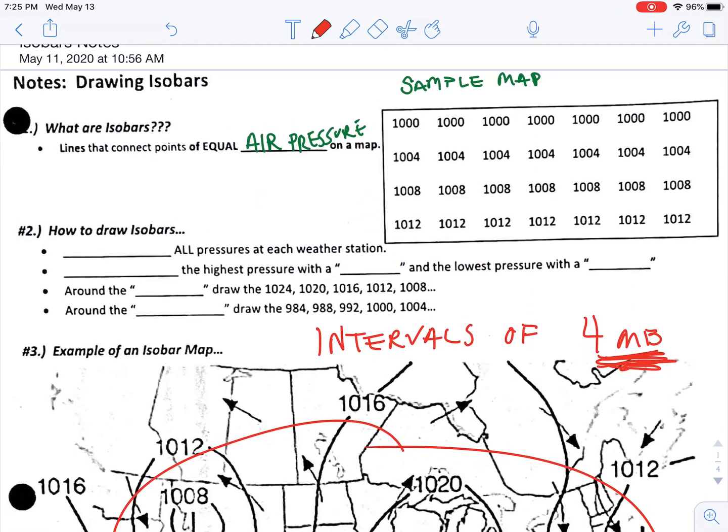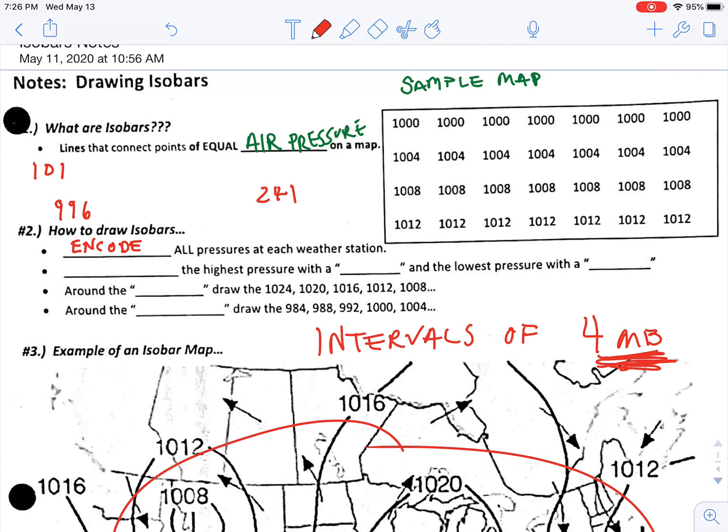But one thing that I did mention to a few of you is that to draw isobars in some scenarios, you need to encode those air pressures. What I mean by that is that sometimes when we take a look at these numbers on a map, they will look something like 101 or 996 or 241, something like that.